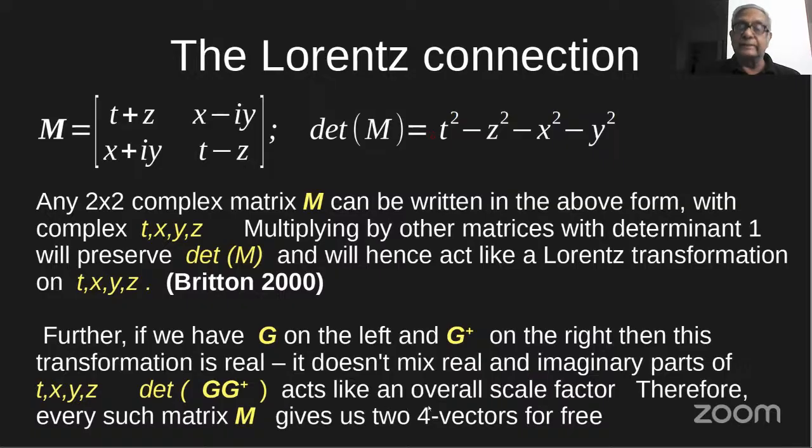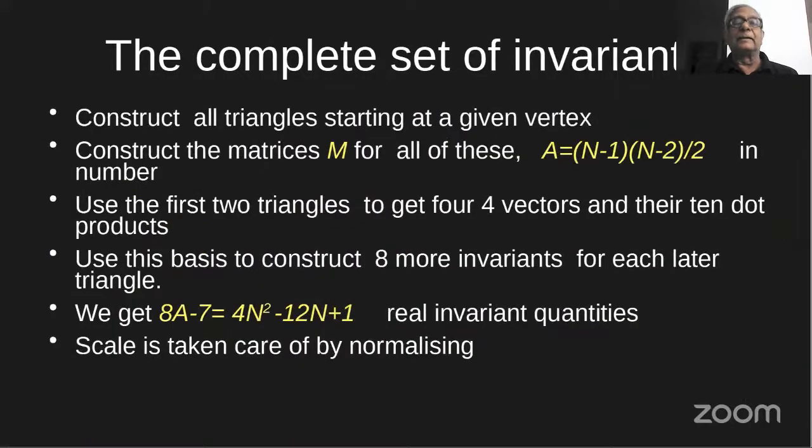Now, with this technology, it was possible to enumerate the invariants and hit the desired number of 4n squared minus 12n plus 1. And this is there in one of the papers with Sam, myself, and Nitya. So construct all triangles at a given vertex.